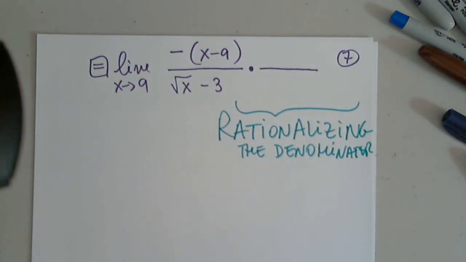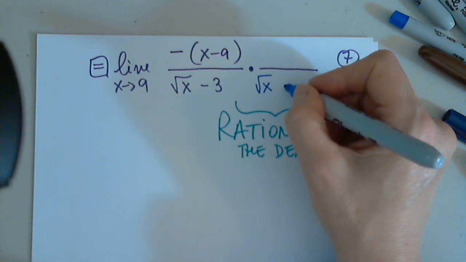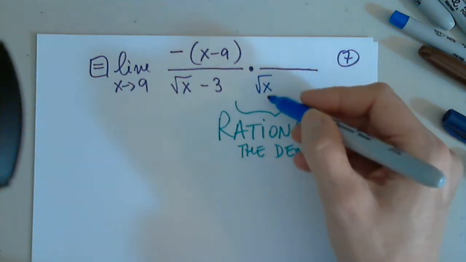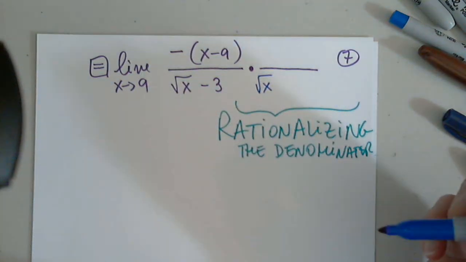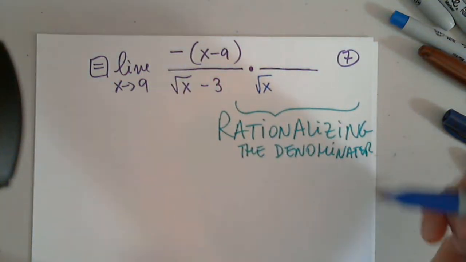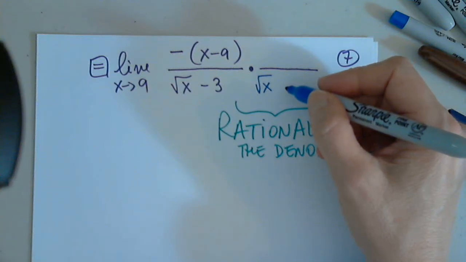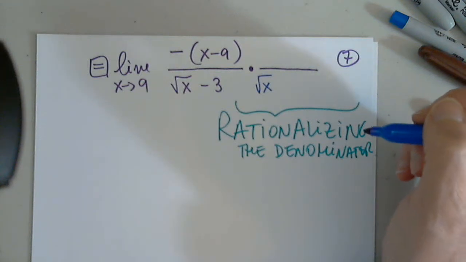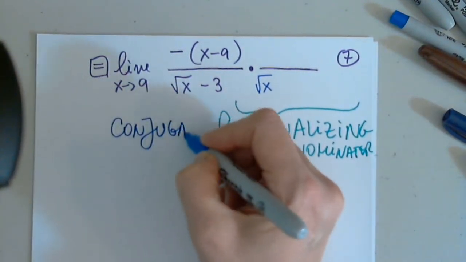Would we multiply it by the square root of x to turn it into just x eventually? No, because when I multiply by this, I will still have to distribute to negative 3 and it will not go away. Anyone remembers this? We use the conjugate.